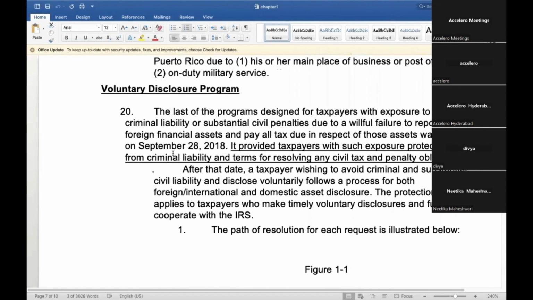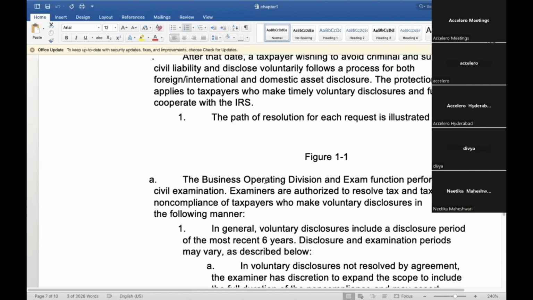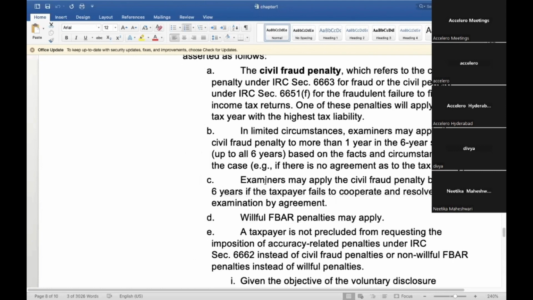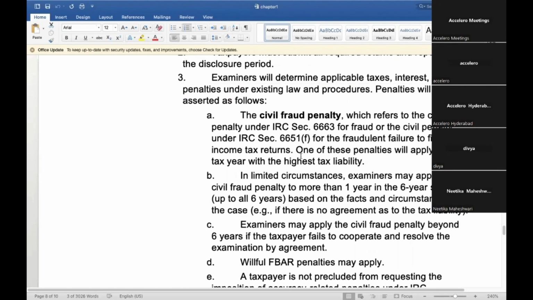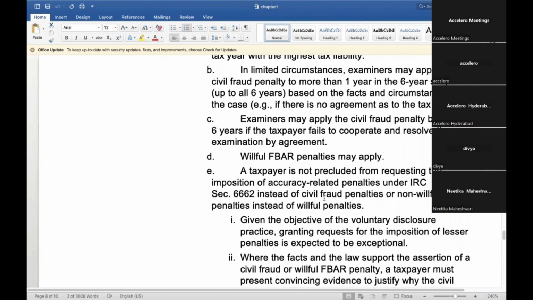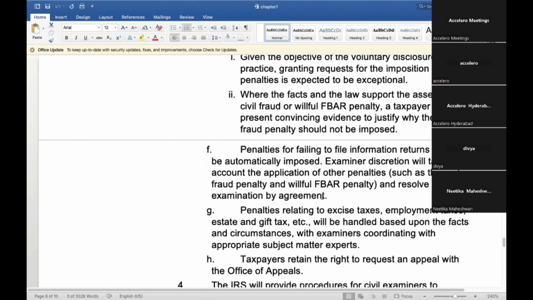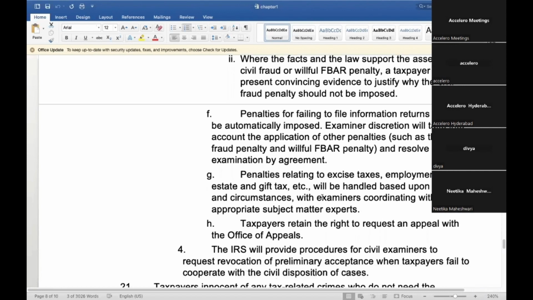Voluntary disclosure programs, there are certain kinds of voluntary disclosure programs. The important one that we saw here was the streamlined program, which is very popular and easy to use. In order to get away from penalties, it's better we file through the streamlined program and disclose all the positions that the taxpayer has taken, and also cover up all the non-compliance areas.